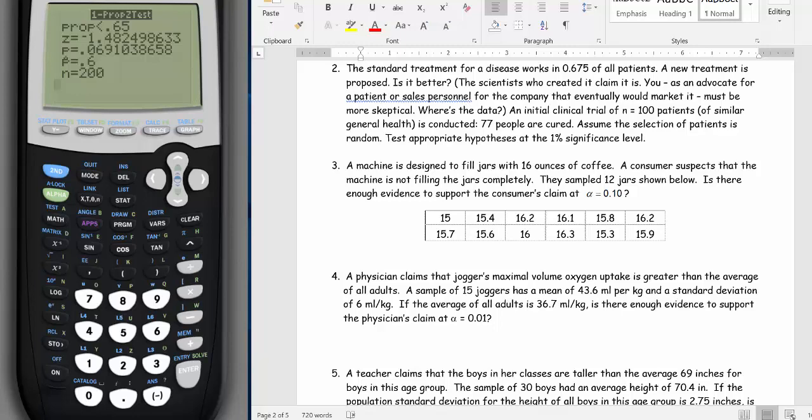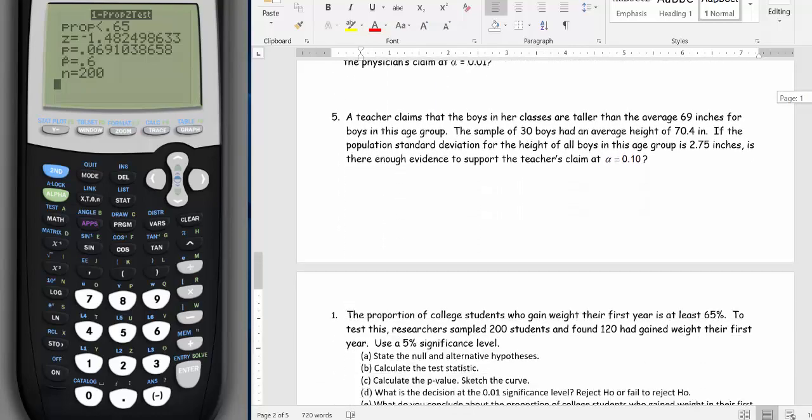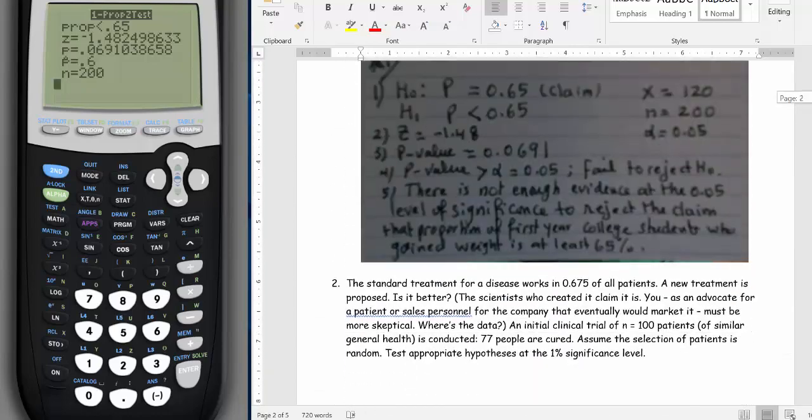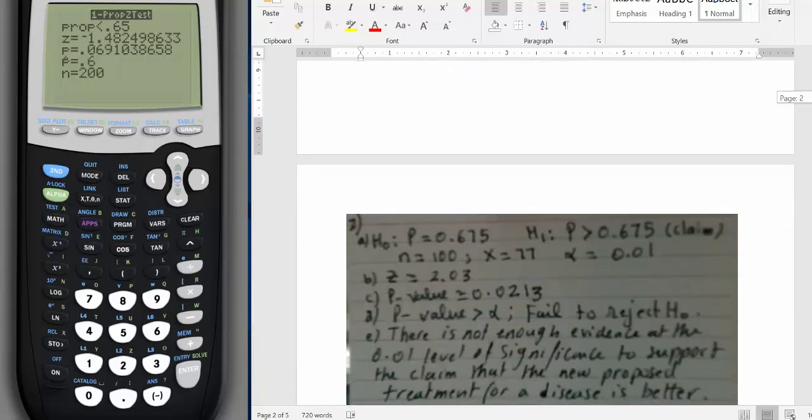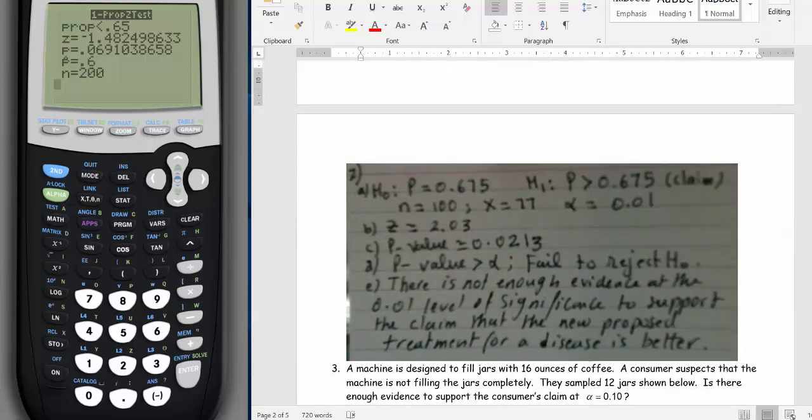So alpha is 1%. When he says is it better, that means the proportion of people who benefit from treatment should be more than the current proportion, which is 0.675. So let me take you down to the statement of H0 and HA, H1, and then we will go and show you how to use the calculator to do this.